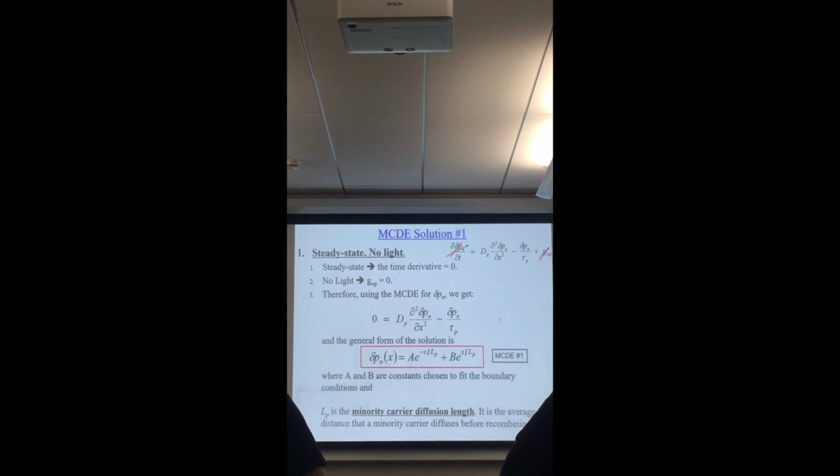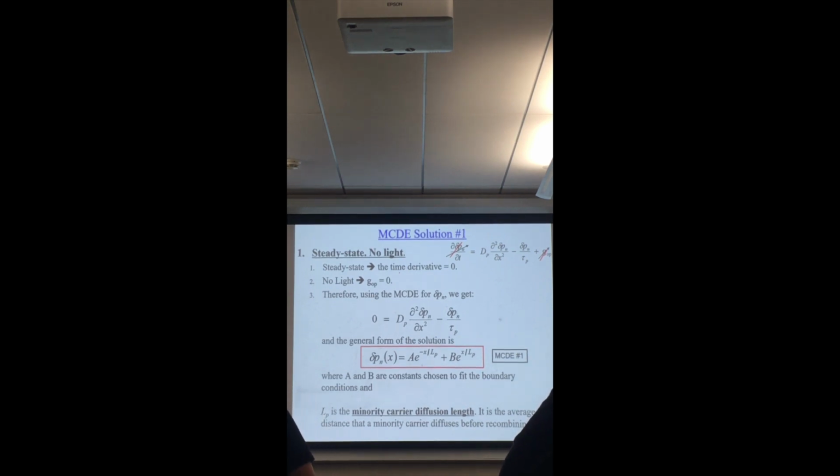We can get some values when x equals 0, so maybe there are some initial values, and also when x is infinite, there may also be certain values. Based on these boundary conditions, we can solve for A and B. So this expression is solution 1 of the minority carrier diffusion equation.